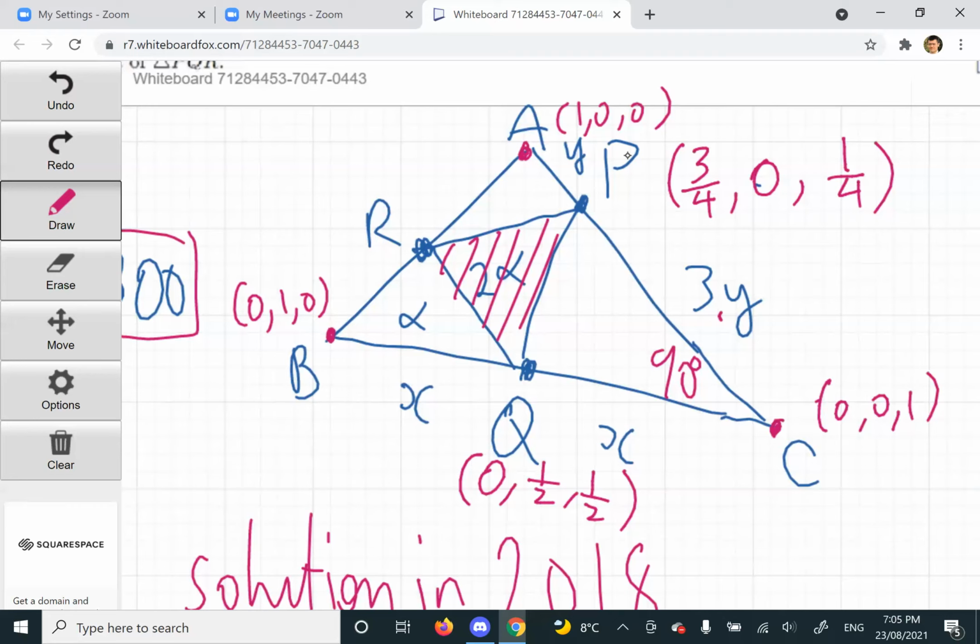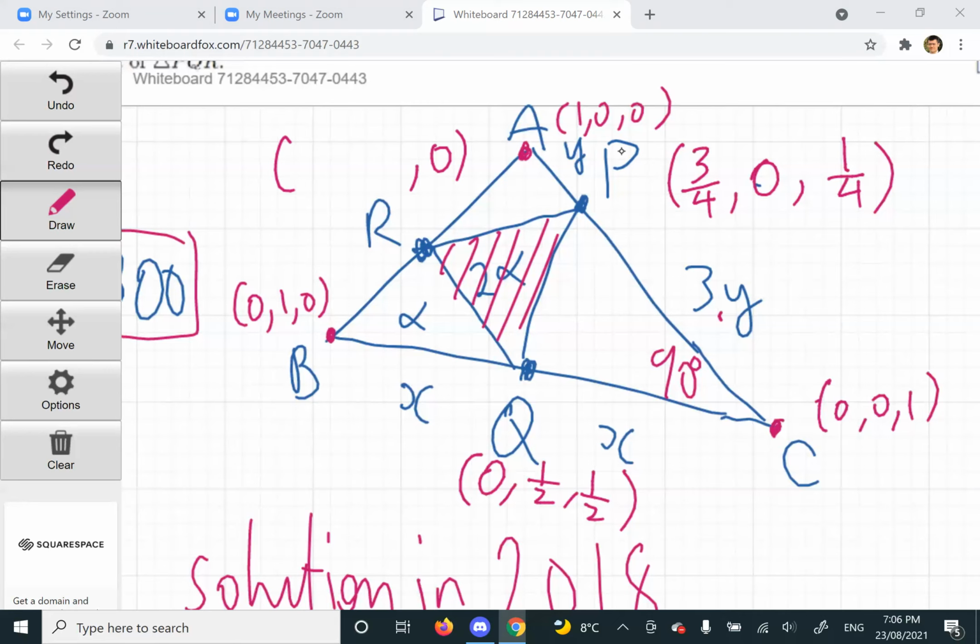So we don't know where R is necessarily, but we do know R has a 0 in the C component. Okay, so we can leave this as a variable maybe.